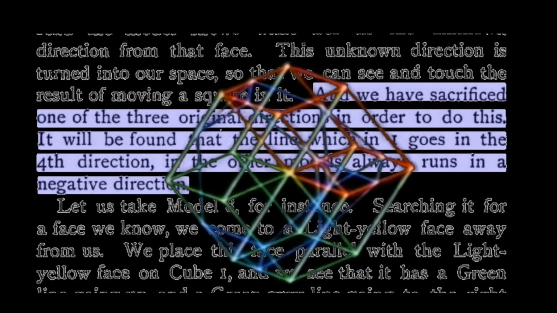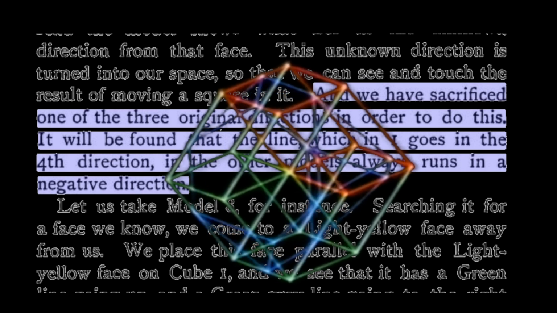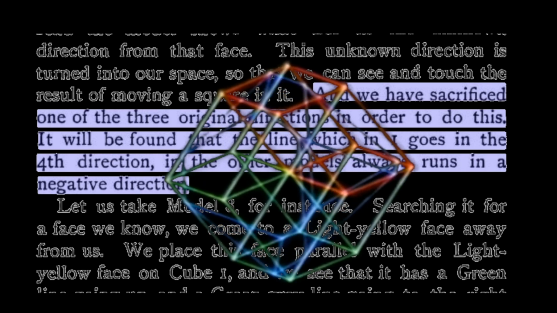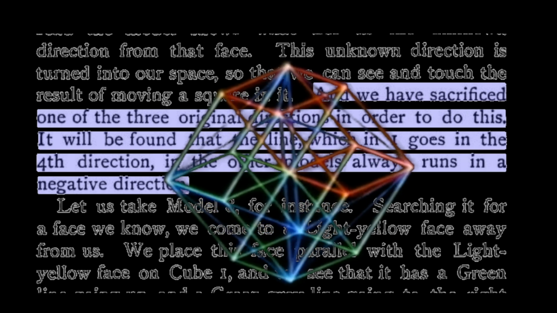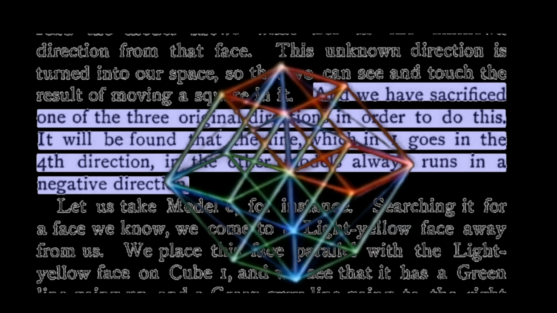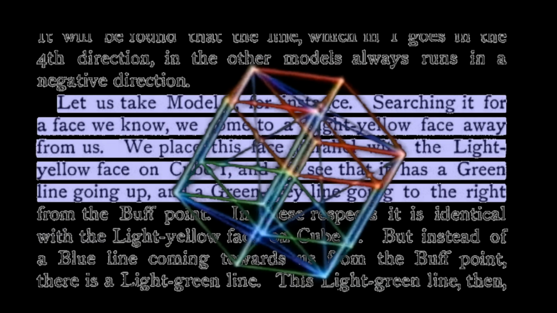This unknown direction is turned into our space, so that we can see and touch the result of moving a square in it. And we have sacrificed one of the 3 original directions in order to do this. It will be found that the line, which in 1 goes in the 4th direction, in the other models always runs in a negative direction.